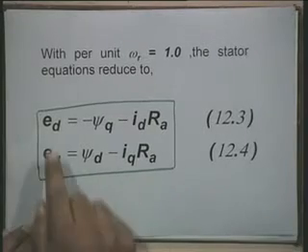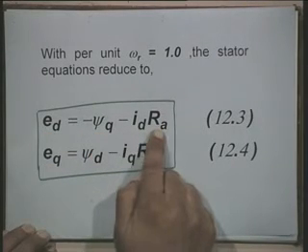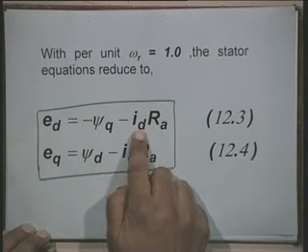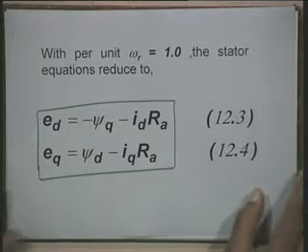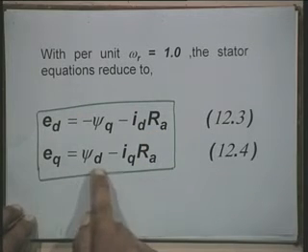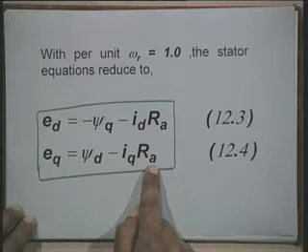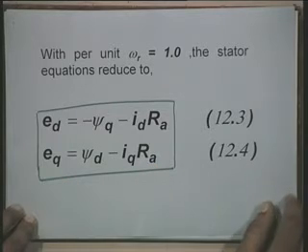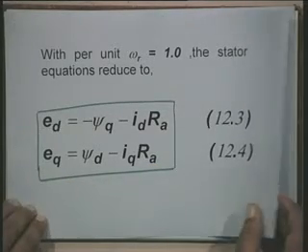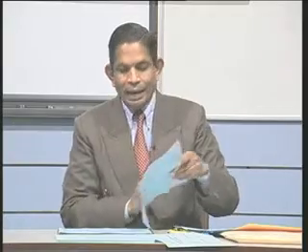ED equal to minus psi q minus RA into ID. Similarly, EQ equal to psi d minus IQ into RA. Therefore, we will make use of these equations to develop a phasor diagram.